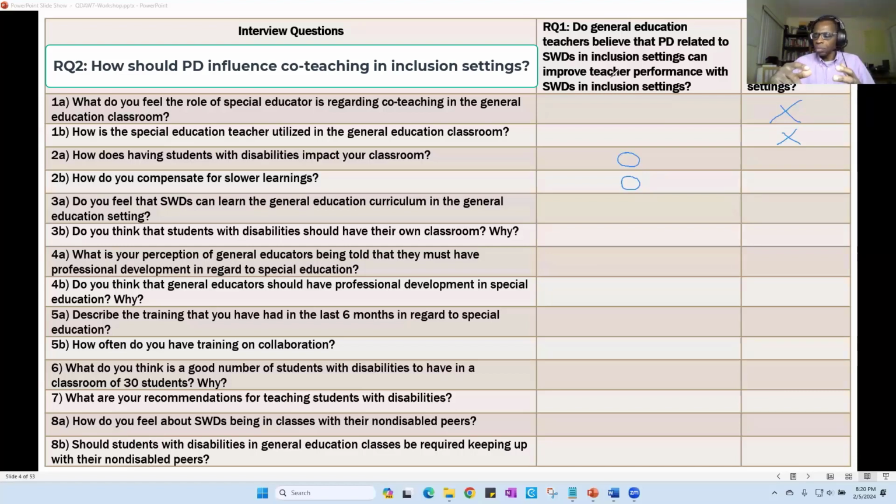How do you deal with them? I've got these slow learners, and I deal with them this way. So in professional development, should there be some kind of training or focus on how you deal with slower learners? Do you understand what I'm saying? It doesn't directly deal with the question, but it's a secondary type question that could get to the research question.